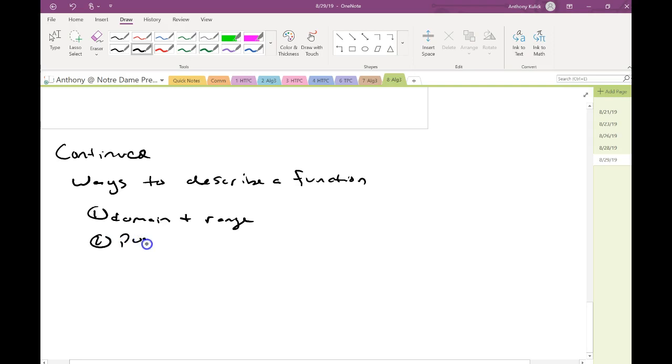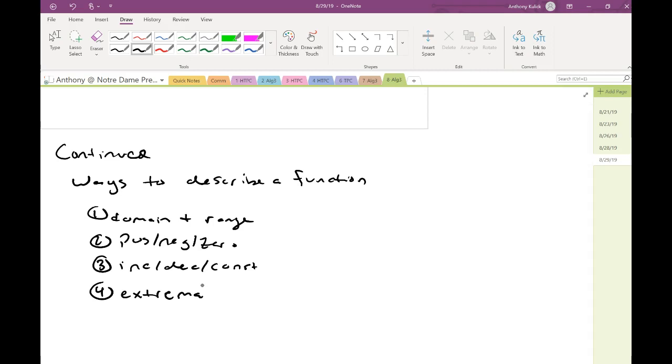We've talked about positive, negative, zero. We've talked about increasing, decreasing, and constant. And we've talked about extrema. We have a little bit more to talk about in regards to extrema.